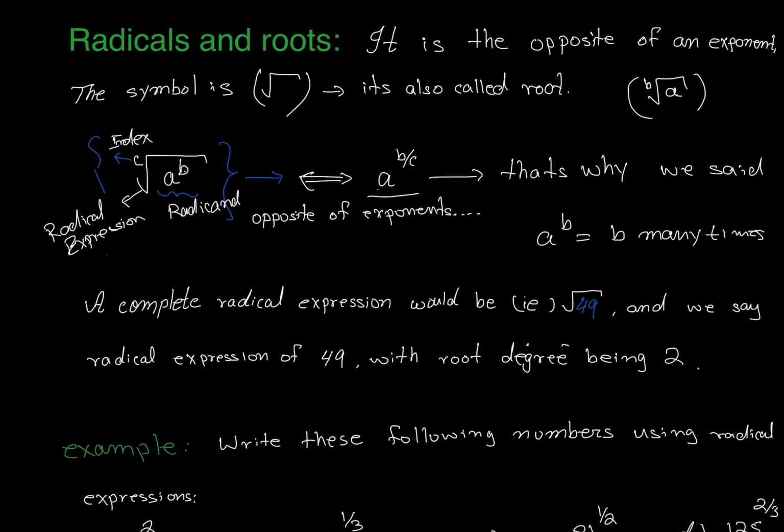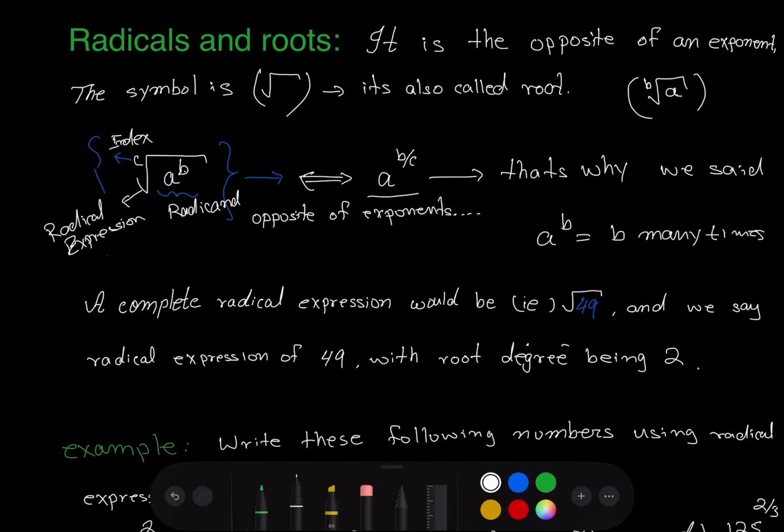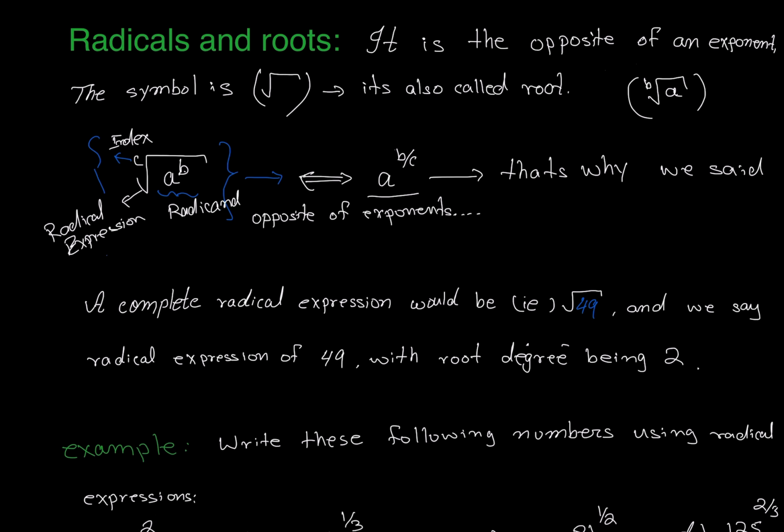But here a is multiplied by itself b divided by c many times. So some value of the exponent b is already taken because it's divided by c. So that's why we call it the opposite of an exponent. Okay, I'll clear this so I shouldn't confuse you, and it will make sense when we keep going ahead.